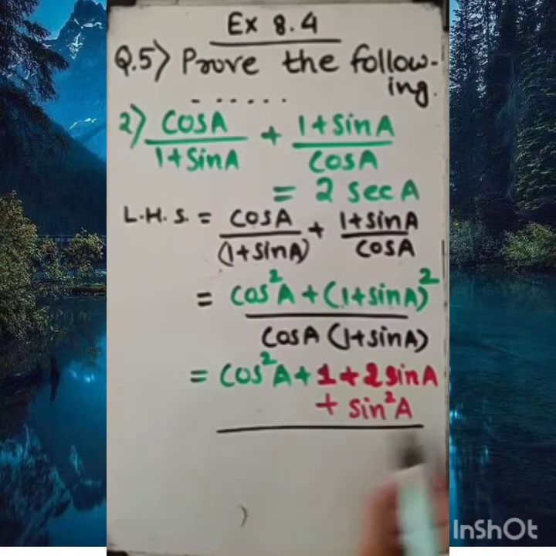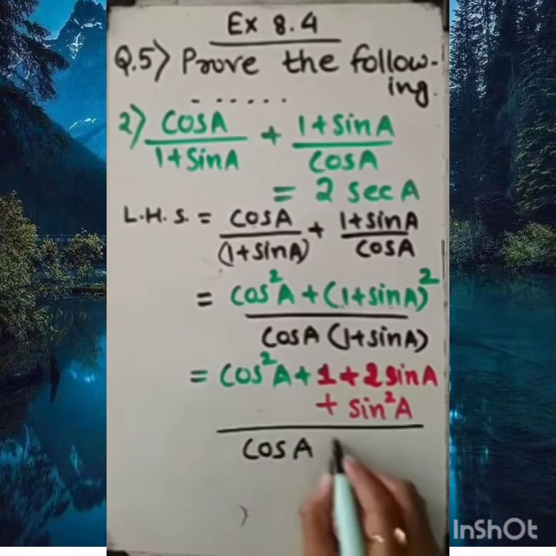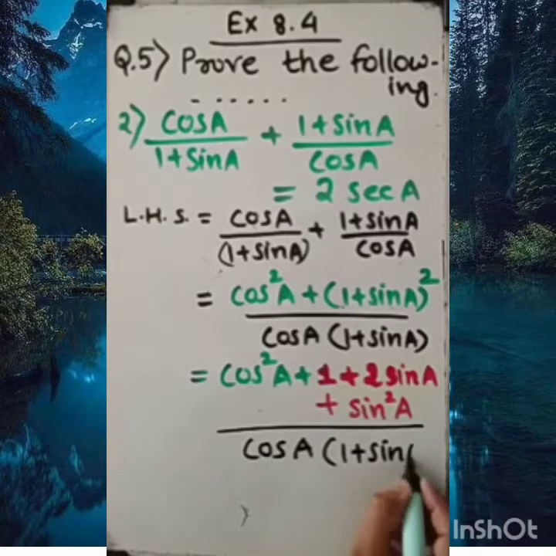Now in the denominator what I have is cos A and, in brackets, 1 plus sin A; let it be as it is.